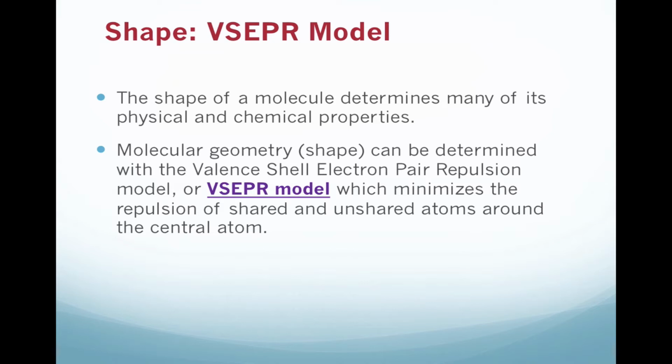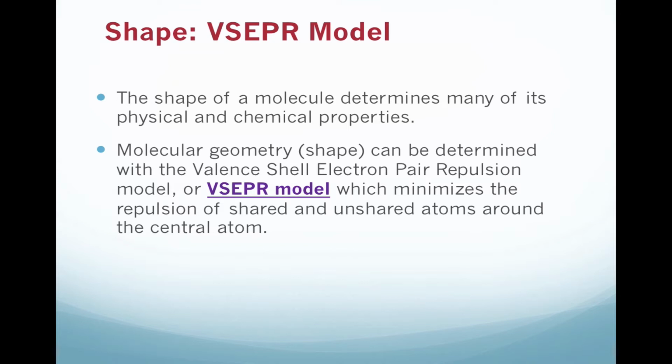Scientists came up with the VSEPR model because they wanted to be able to figure out, just based on the molecular shape, what kind of geometry the molecule has. This is valence shell electron pair repulsion.